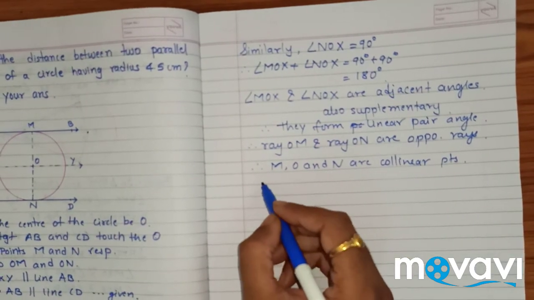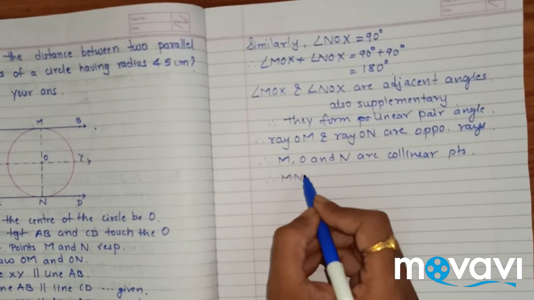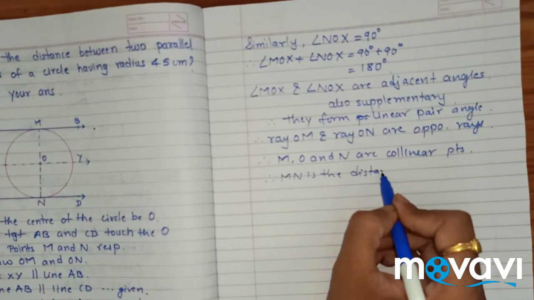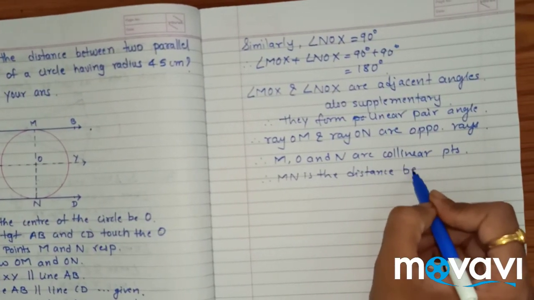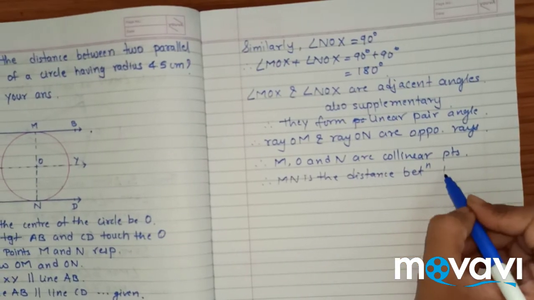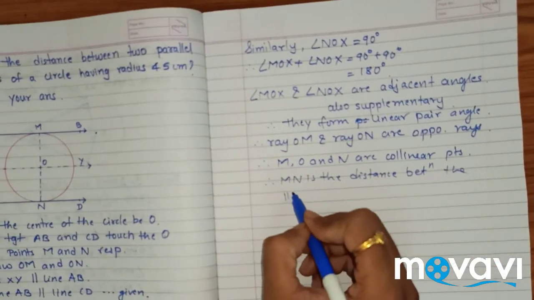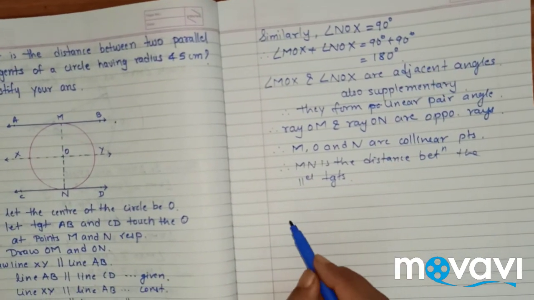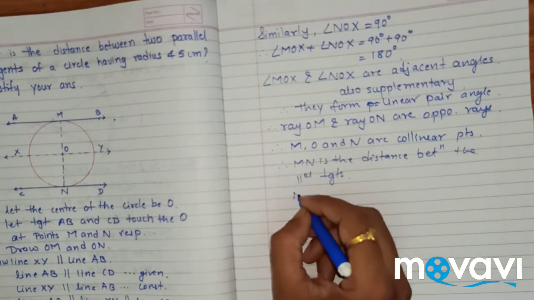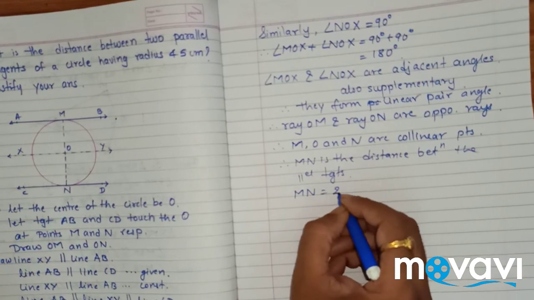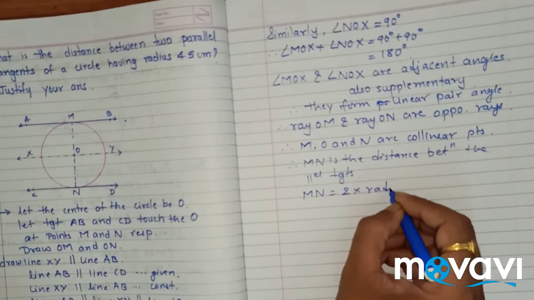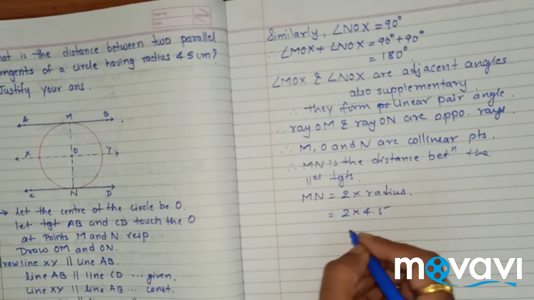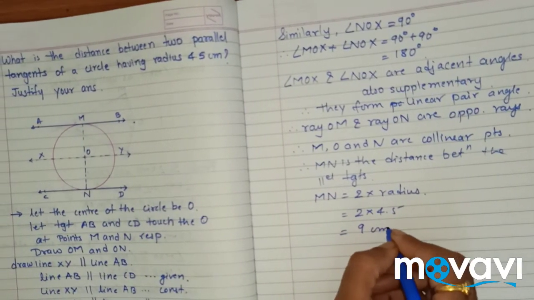Now therefore we can say that MN is the distance between the parallel tangents. So MN will be equal to 2 times radius, that is 2 into 4.5, that is 9 centimeter.